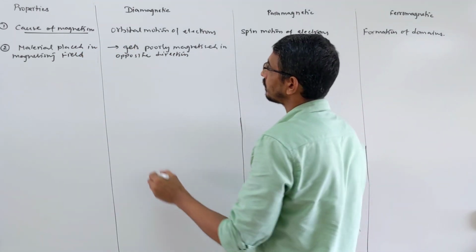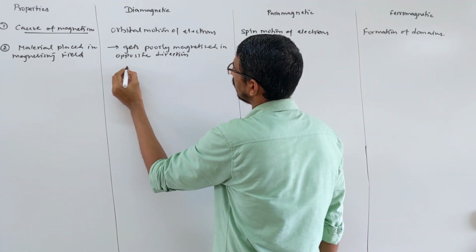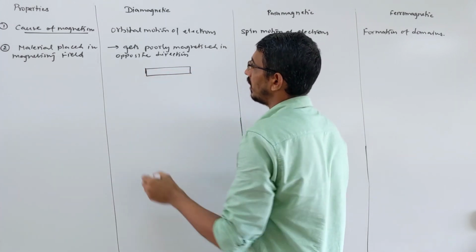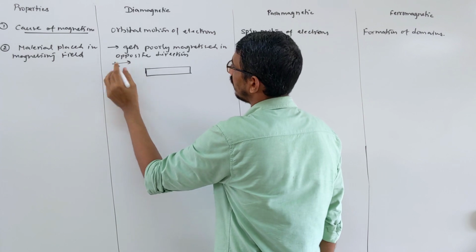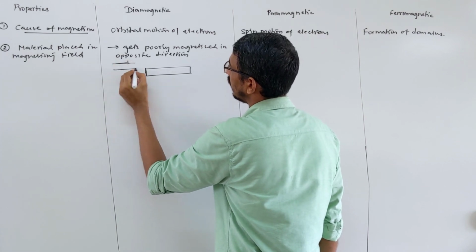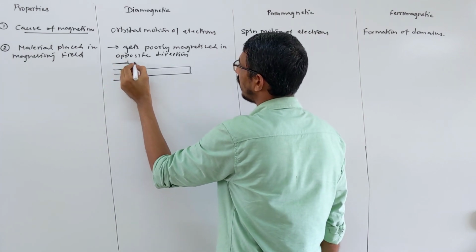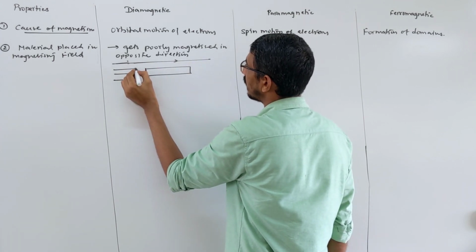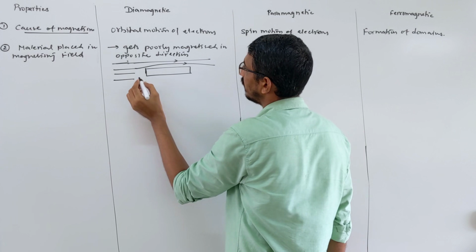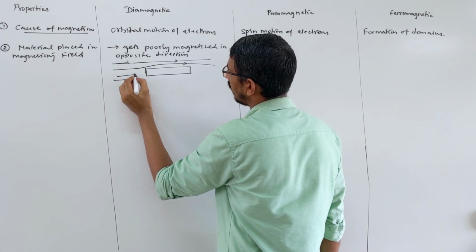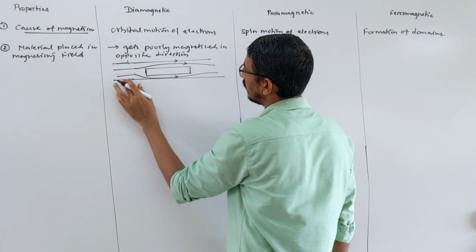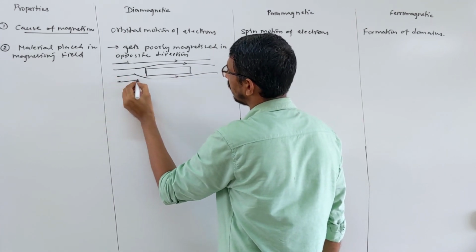For example, this is a diamagnetic material, and you place some external field like this. This is your magnetizing field. Then what happens? The field lines will try to go away from this material.